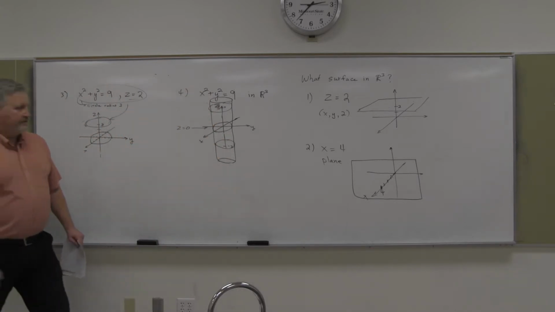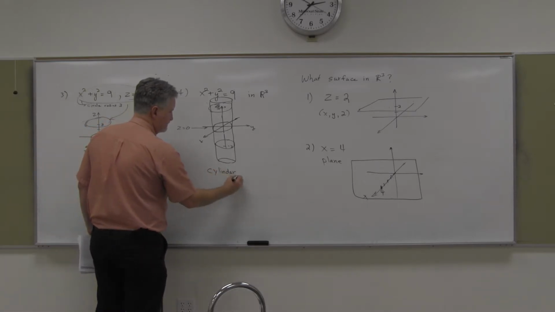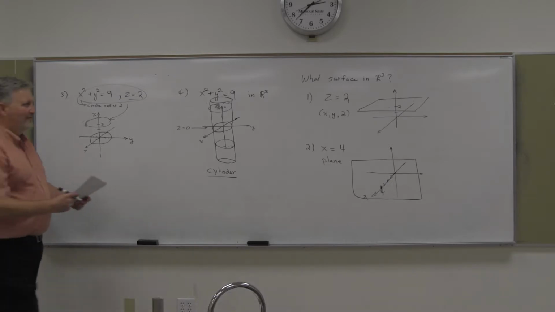That's what I get, an infinite cylinder. Makes sense? All right, so that's the sort of thing you run into. A lot of the equations will have x, y, and z when we're talking about 3 dimensions, but sometimes they'll just have two variables. All right, let's try this one.